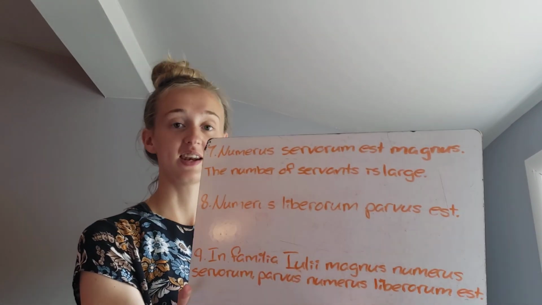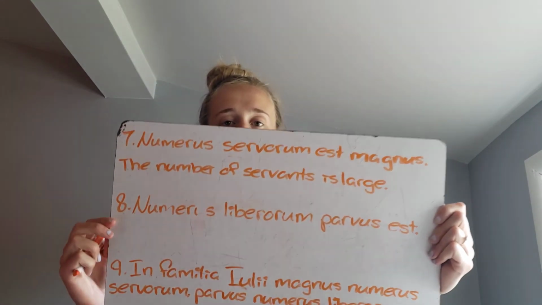So the number of servants is large. The number of servants is large. Is that what you got? Great work. And we know that because when we see that servorum, we know that orum ending tells us it is genitive plural. The number of servants is large.